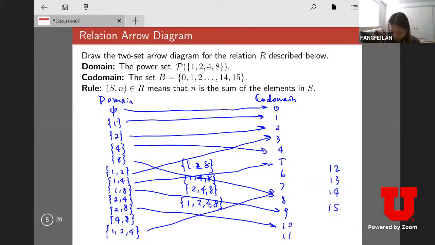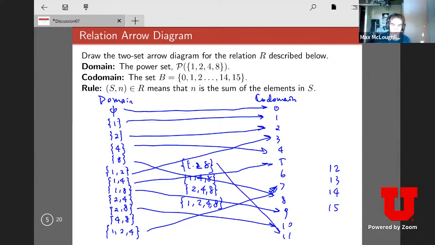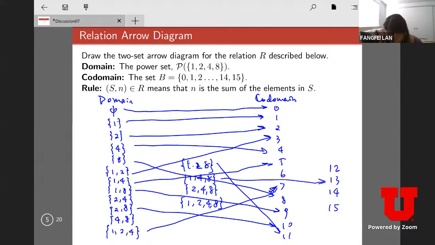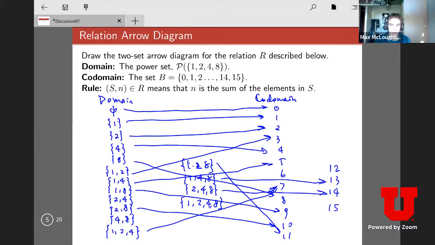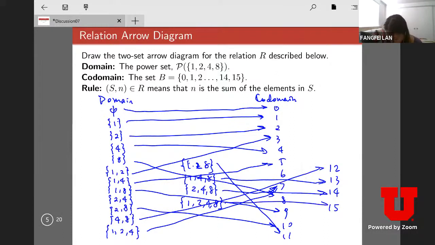Yep. And then {1, 2, 8} goes to 11. {1, 4, 8} goes to 13. {2, 4, 8} goes to 14. And then, oh, I missed this one. This goes to 12. And the last one, {1, 2, 4, 8}, goes to 15.